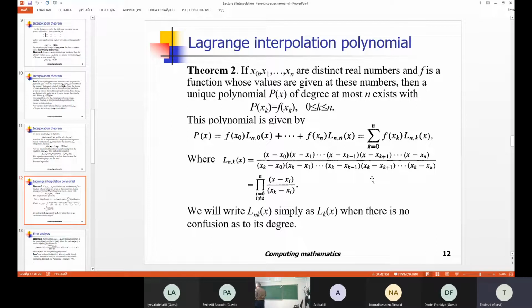L0: I skip the point 0 and I write x minus x1, x minus x2 over, k equals 0, x0 minus x1, x0 minus x2.